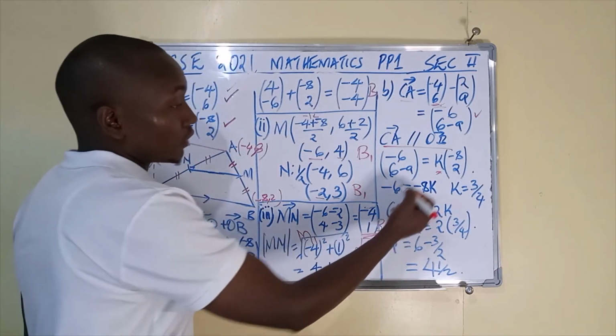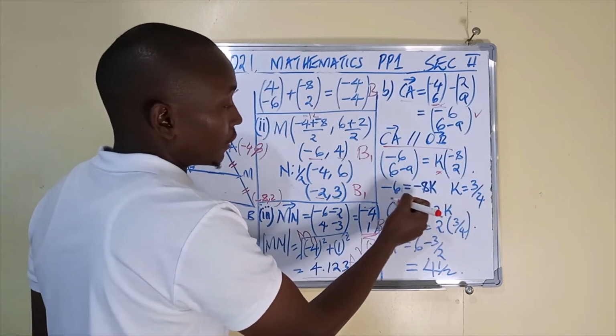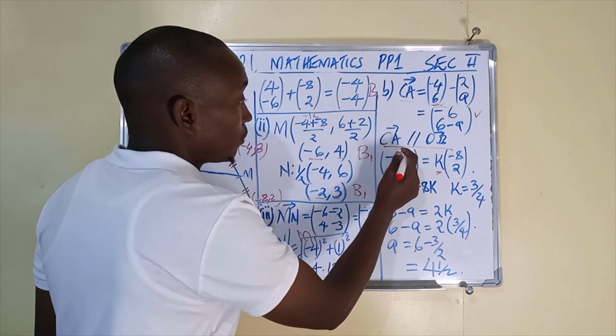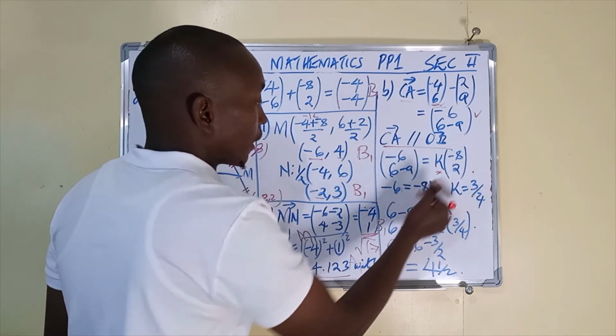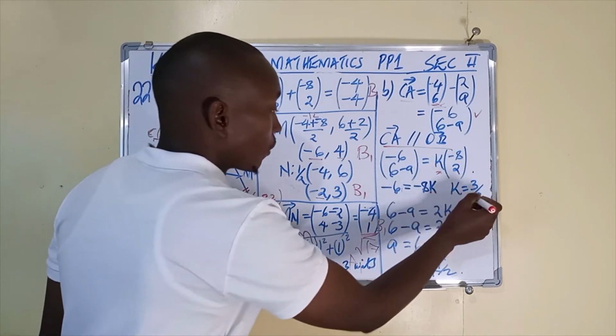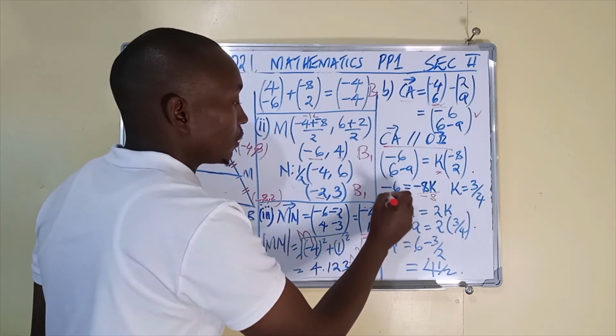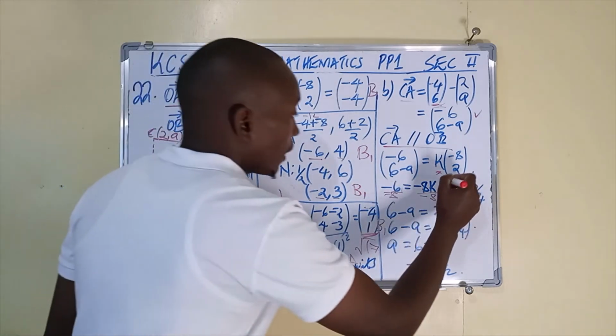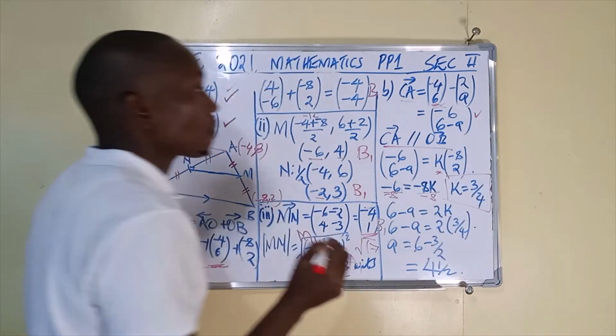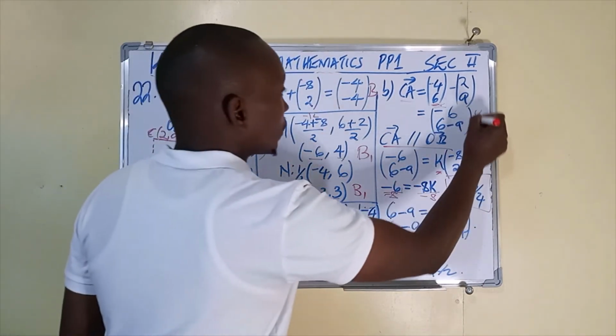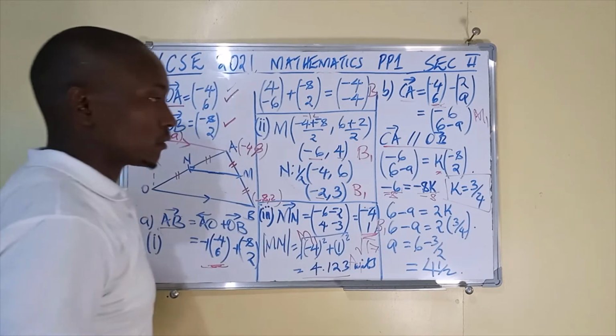Therefore I can use the upper one, and it will be negative 6 equals negative 8k. For that I can now solve for k by dividing here by negative 8, divide here by negative 8. If you do that, you will get that. Remember the marking here. If the student was able to do this, that's where the first point is.